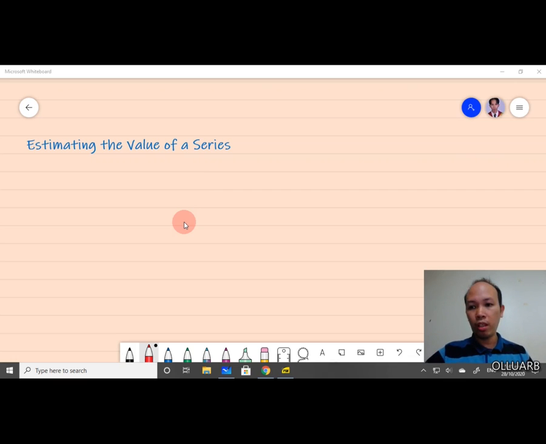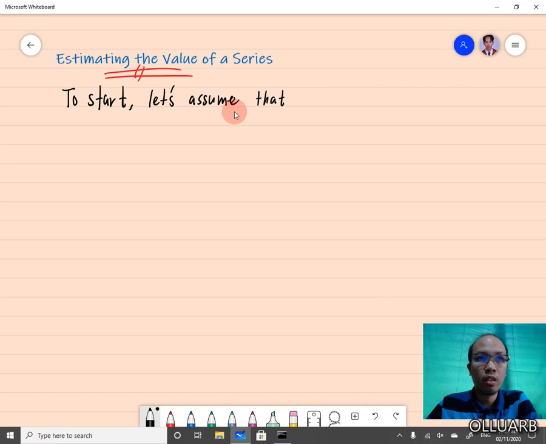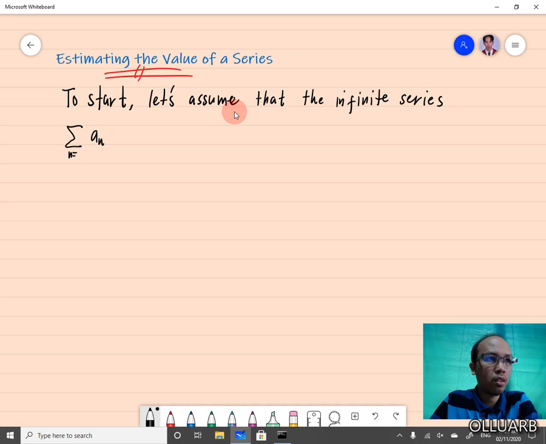To start, as I've said before, let's assume that the infinite series, the summation of a sub n, where n starts from 1 to infinity.